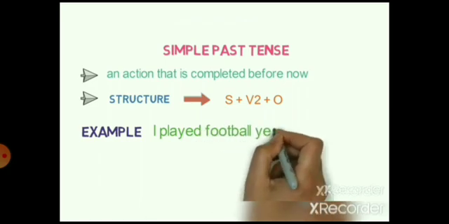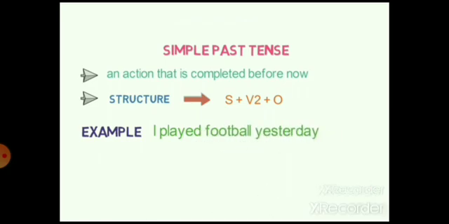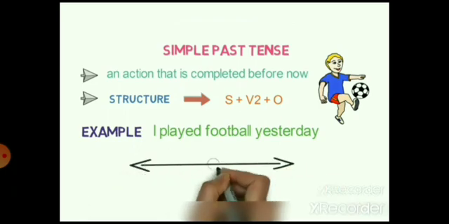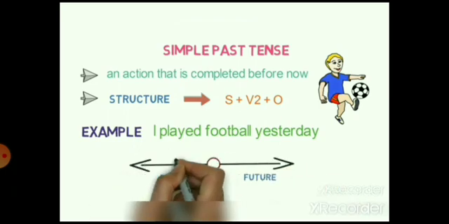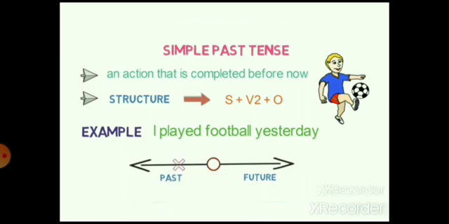I played football yesterday. Here I am referring to an action, playing football, that is already in the past. See in the timeline, it will be somewhere here to the left of the present time, denoting that the action is completed in the past.